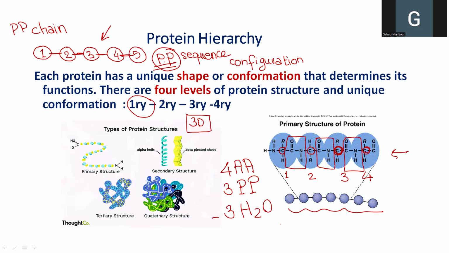Of course, again, if you want to do the reverse, if you want to break down this polypeptide chain into its component amino acids, the 4 amino acids, you can add the 3 molecules of water, and in such a way the 3 peptide bonds will be broken, and the 3 molecules of water will be added again to the amino acids, and they will be separated.